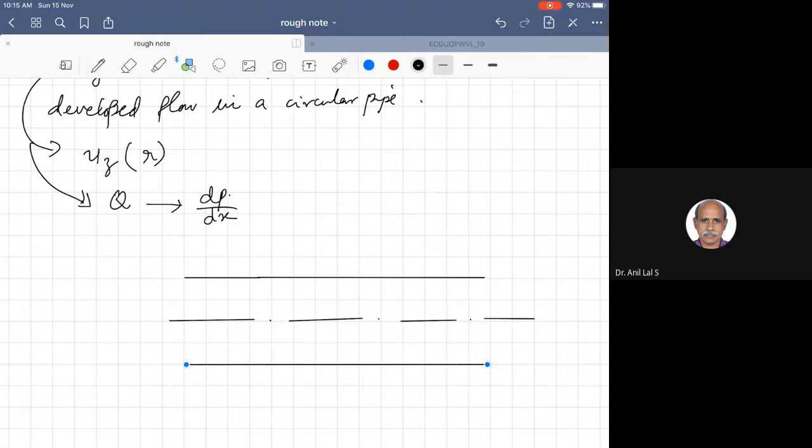I mark the x-axis like this, and the y-axis, sorry, not y-axis but radius. So this is the axis, so I will have this z. So the axial direction is z, and this is the radius.